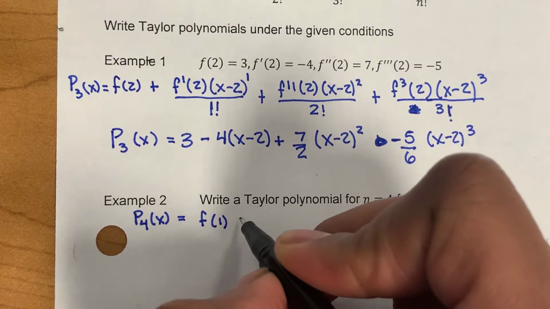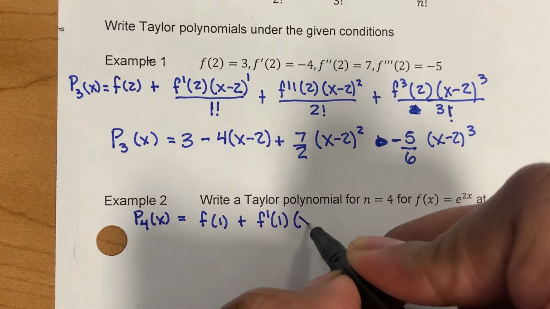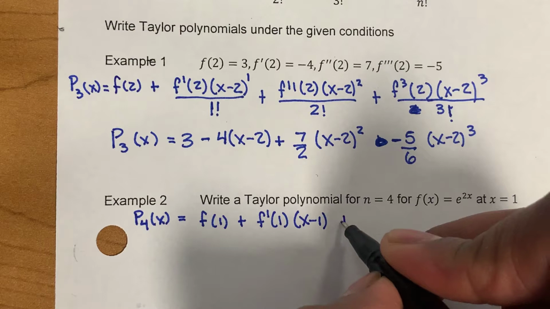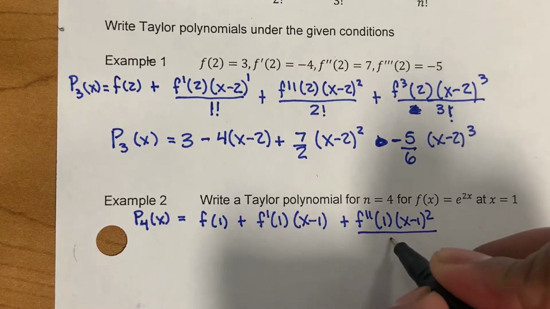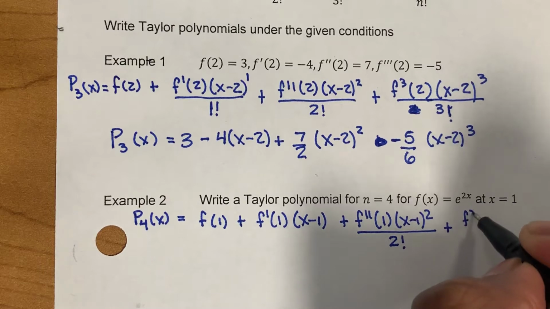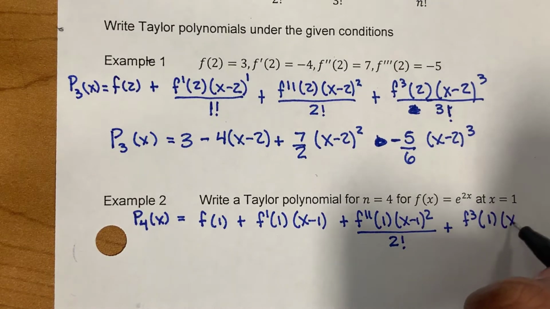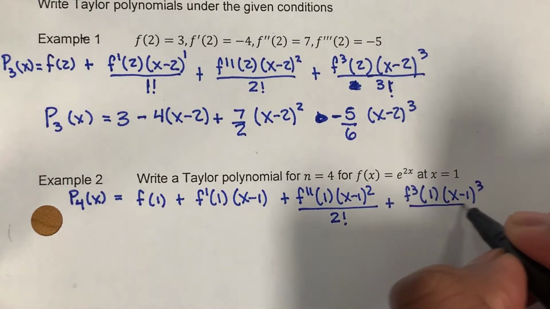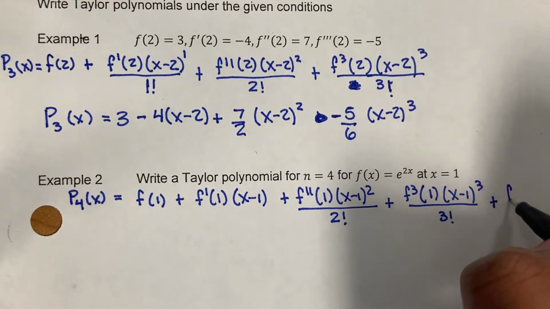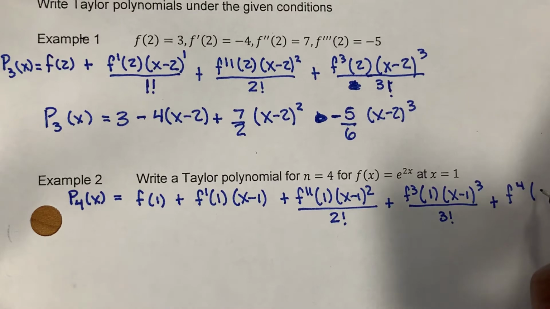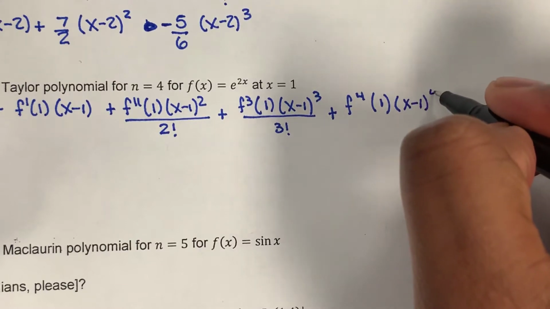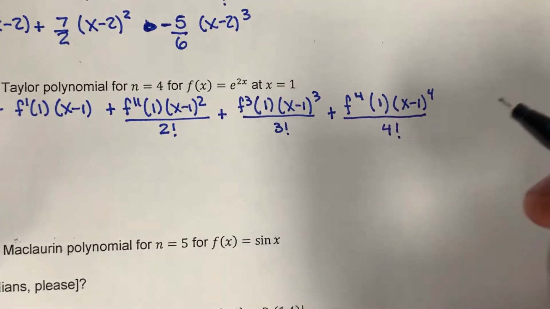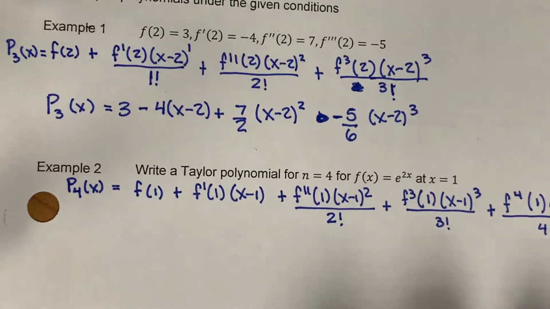So we're going to have f of 1 plus the first derivative times x minus 1, plus the second derivative evaluated at 1 times x minus 1 squared, and all of that is going to be over 2 factorial, then plus the third derivative evaluated at 1 times x minus 1 cubed over 3 factorial, and then finally plus f of 4, the fourth derivative evaluated at 1 times x minus 1 to the 4th over 4 factorial.